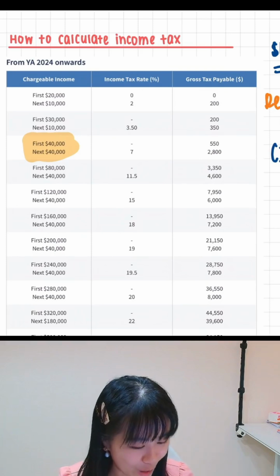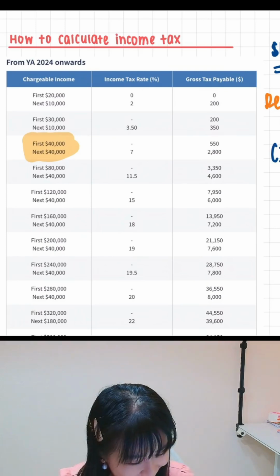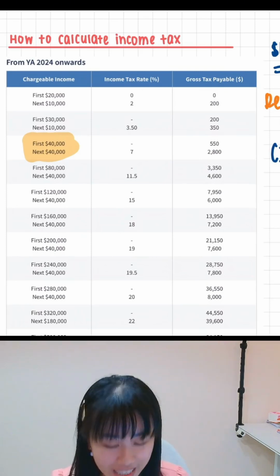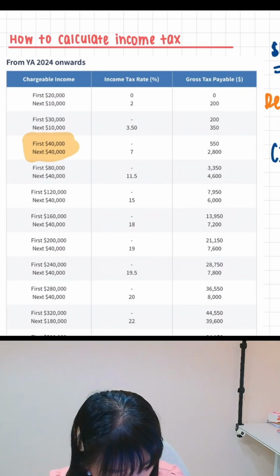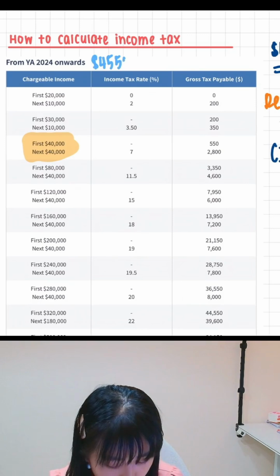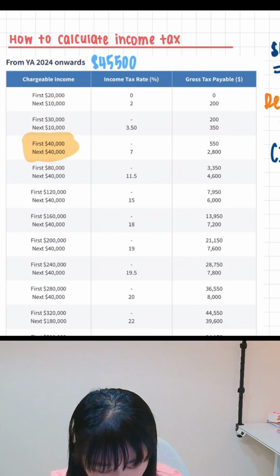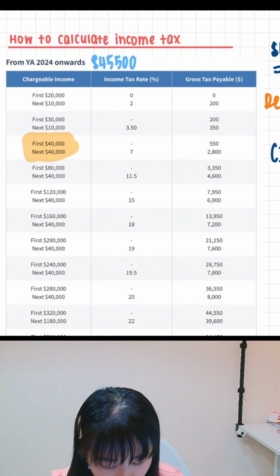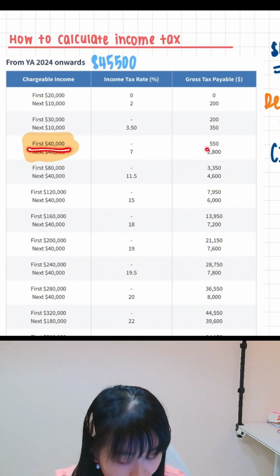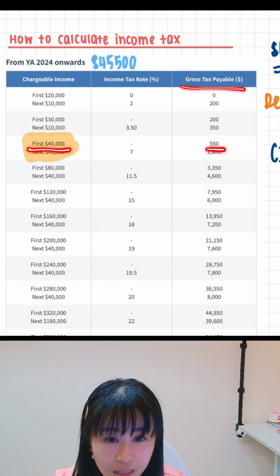This is how we calculate income tax. Daniel, you also need to know how to calculate income tax, right? Because the chargeable income is $45,500, we must look here. For your first 40,000, you will be charged $550 in income tax.